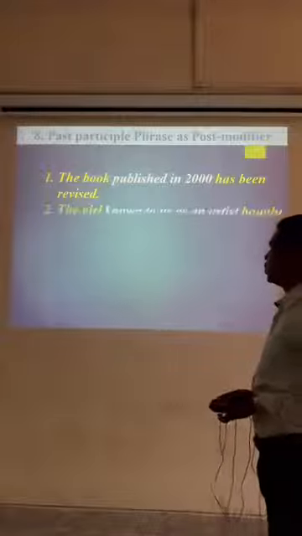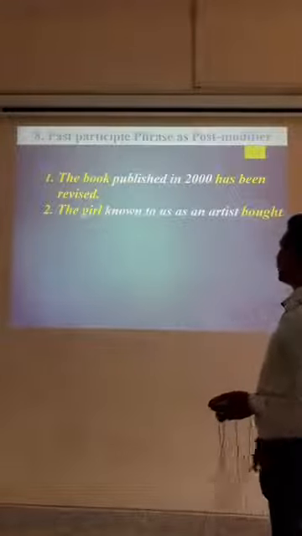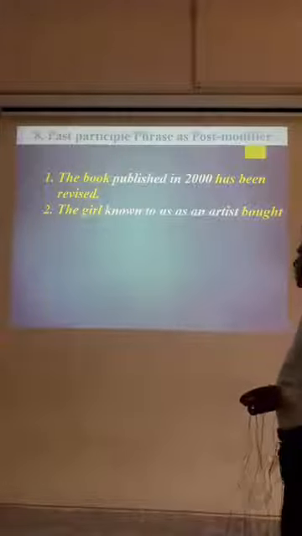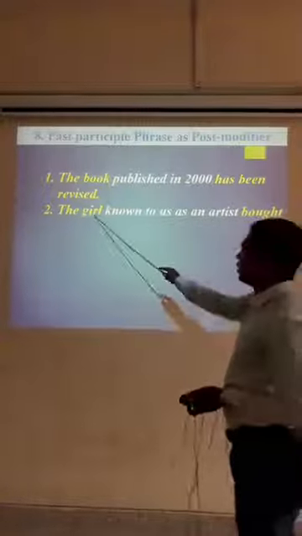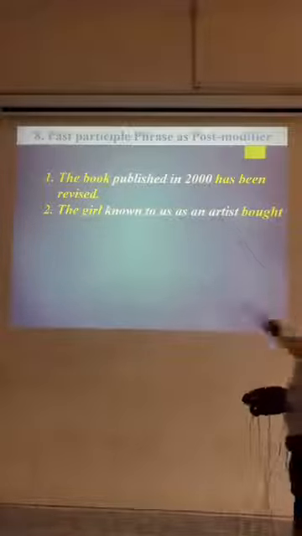Number 2, the girl known to us as an artist bought a new fashion dress. Known to us as an artist is a phrase sitting after the word girl, indicating the word girl. So this phrase is used there as post modifier.